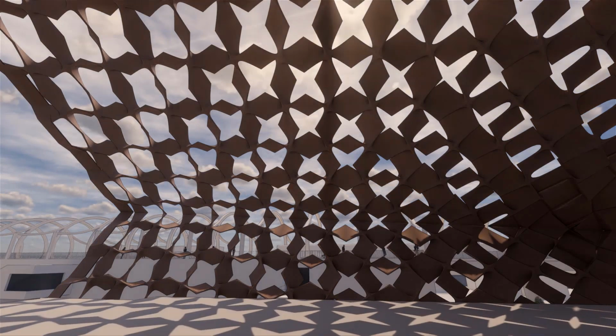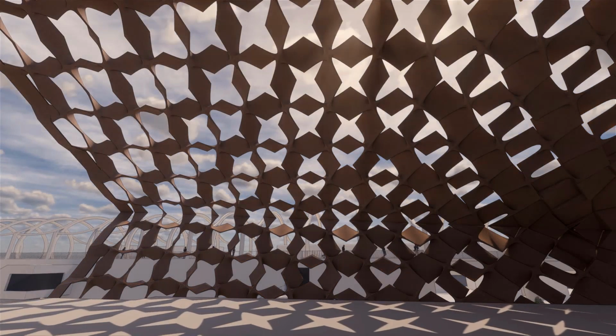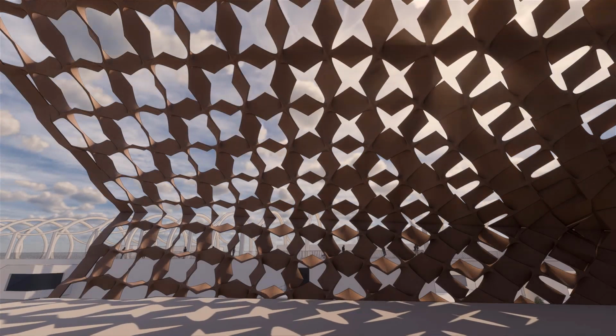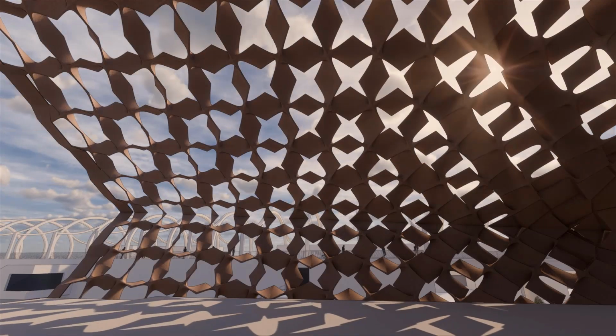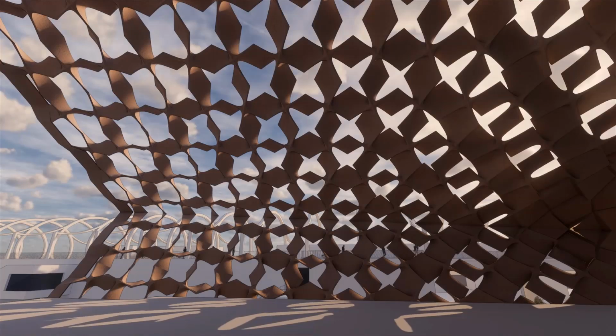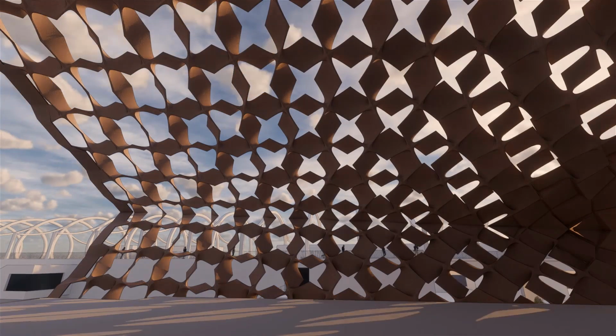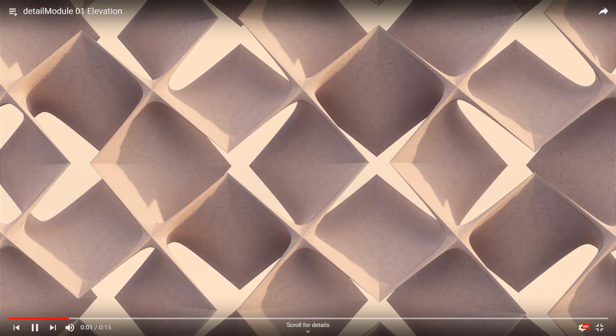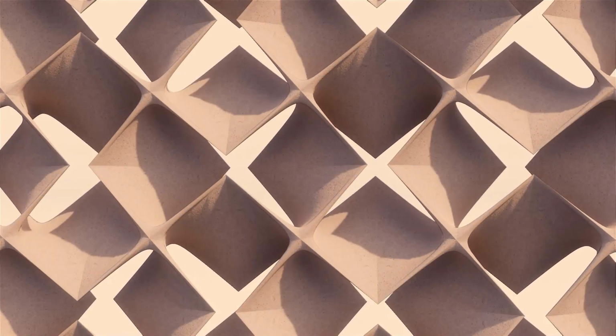It's because it's a ruled surface and there are so many different curvatures involved in the original geometry. So if we could rationalize that, there wouldn't be as many. And actually, because it's a ruled surface, it makes it easier to rationalize. A ruled surface is just made up of straight lines, so if all those straight lines have the same curvature, then theoretically it's going to be the same module.